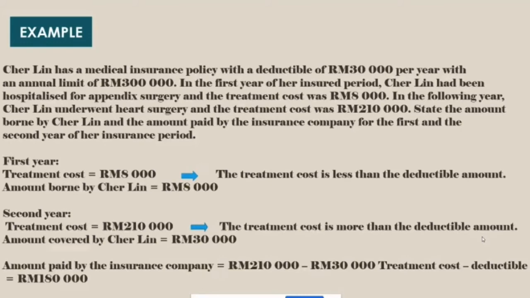So the treatment cost is more than the deductible amount. The amount borne by Sherlins is 30,000 ringgit. The amount paid by the insurance company is equal to 200,000 ringgit minus 30,000 ringgit, which is treatment costs minus deductibles, equal to 118,000 ringgit.